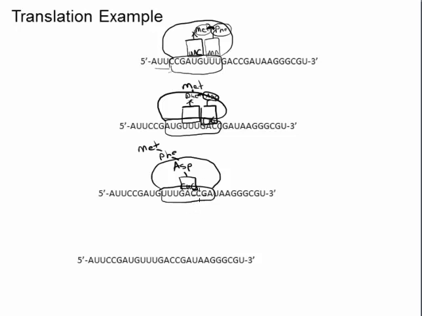And now we have yet another codon positioned in the A site. We're going to see the next amino acid delivered by the next tRNA, that next amino acid being arginine, and the tRNA that carries it would bind here because it has the anticodon sequence GCU, so it correctly matches up.